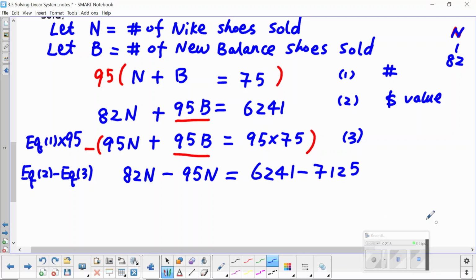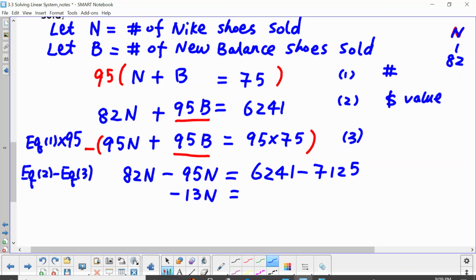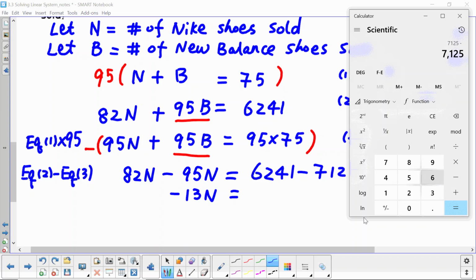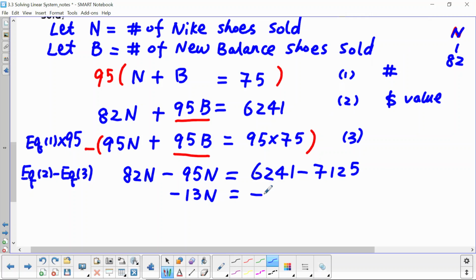Then we are going to continue. 82 minus 95 gives you negative 13. Then this minus 6241, then give it negative, will be negative 884.